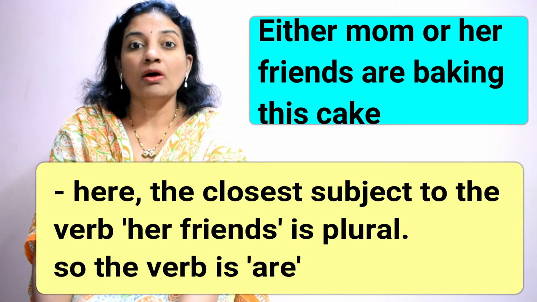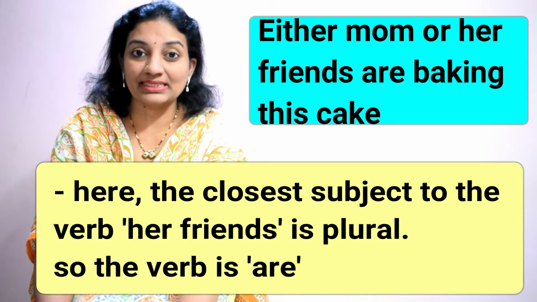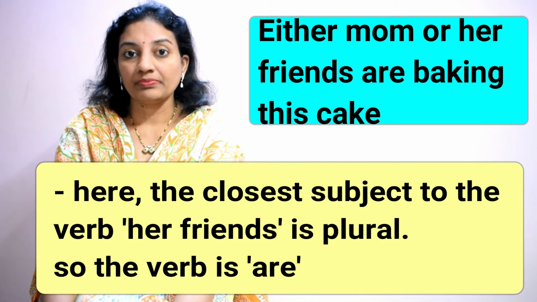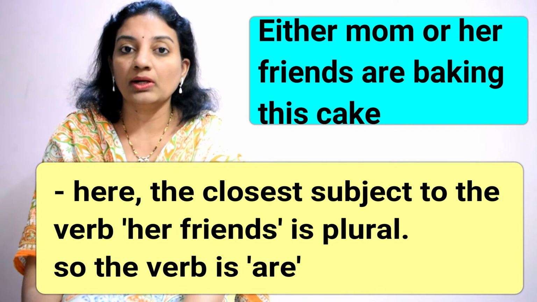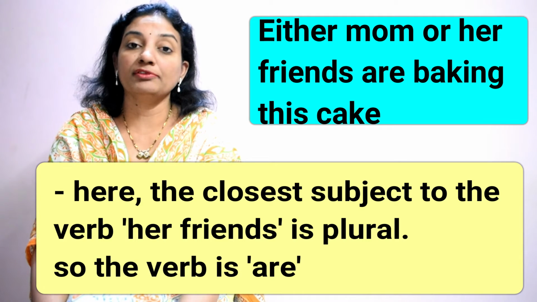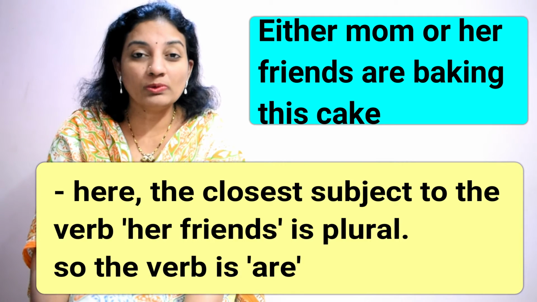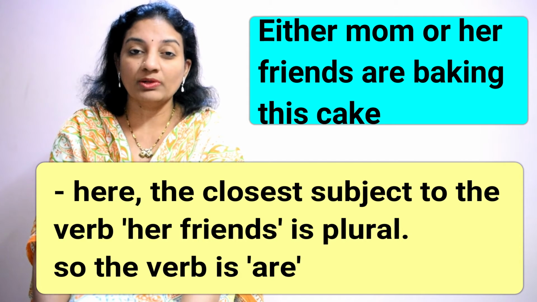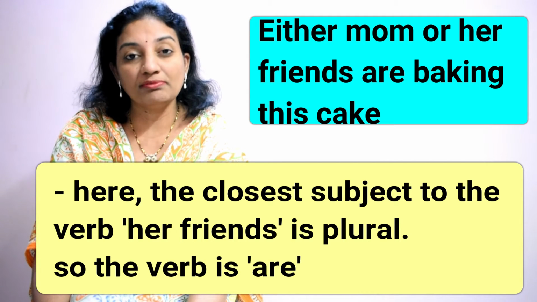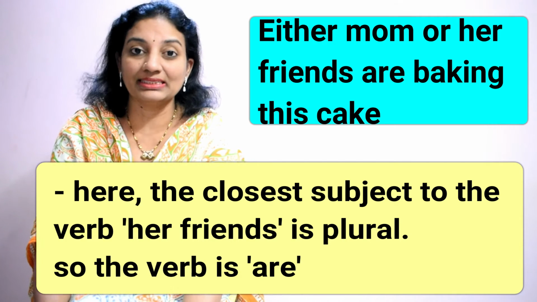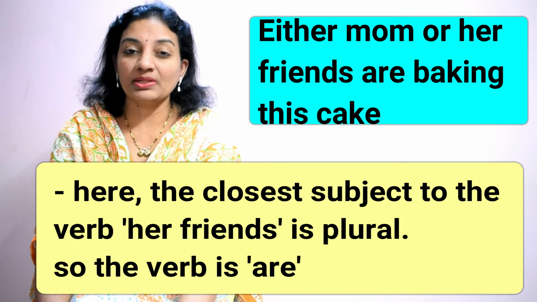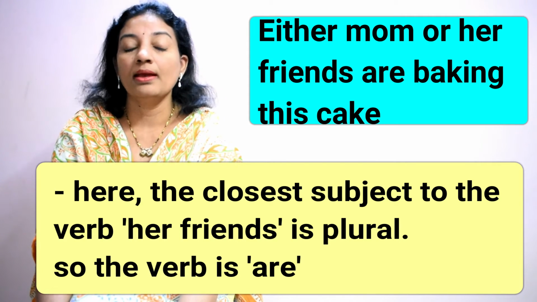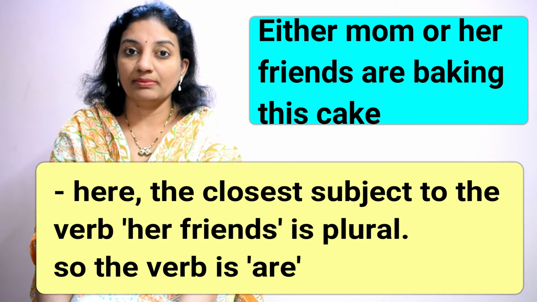Okay, see, mom is singular, friends is plural, and the verb agrees with the closest subject to it. Okay, so what is the closest subject to the verb here? Her friends. Okay, so the verb agrees with her friends, plural subject, so obviously a plural verb as well.